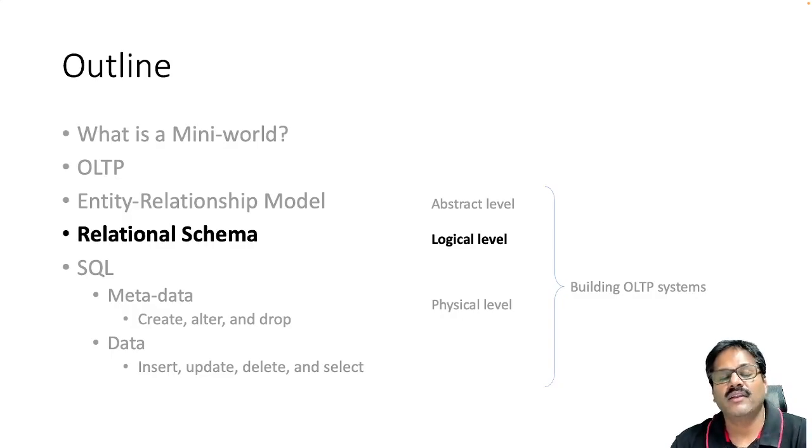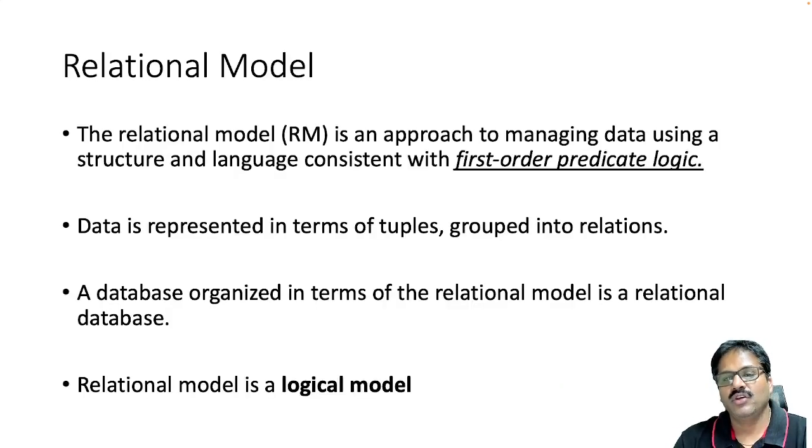Now we look at the relational schema. The relational schema is at the logic level. Generally, when we talk about the relational schema or relational model, it follows first order predicate logic. That is, data exists in the form of tuples grouped into relations.